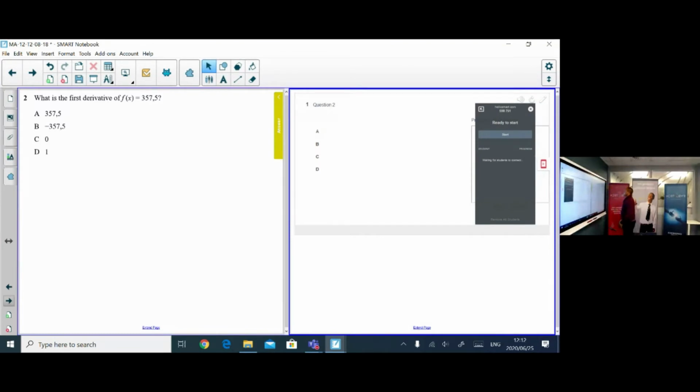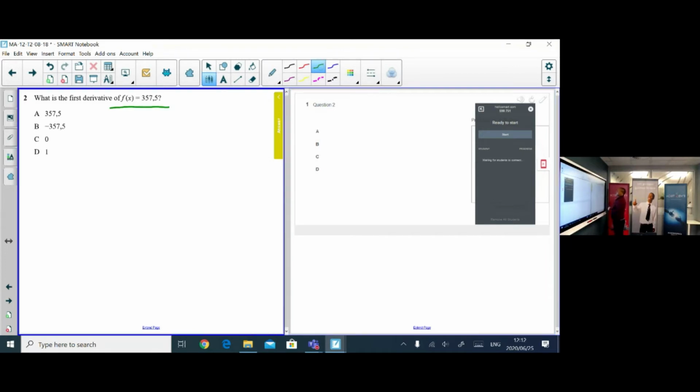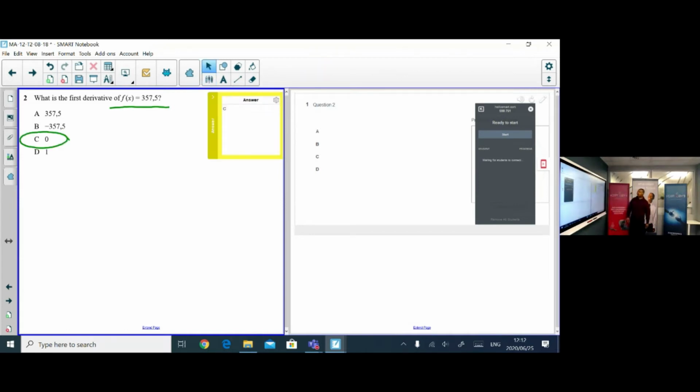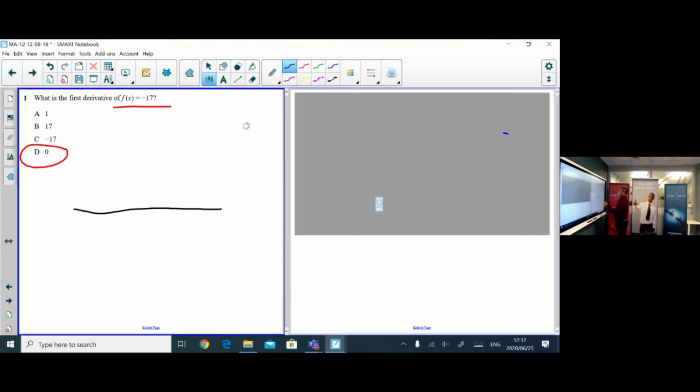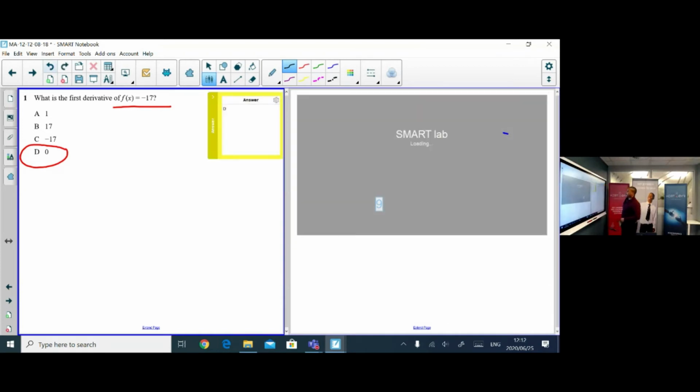I believe that you have already figured out that this is a constant. There is no x here. So your solution will be C, because in this case, this is a horizontal line, and a horizontal line simply has no gradient. So it will be 0 for the gradient.